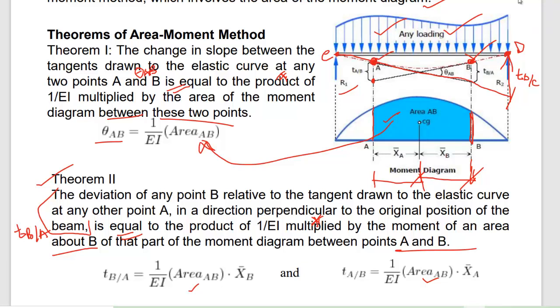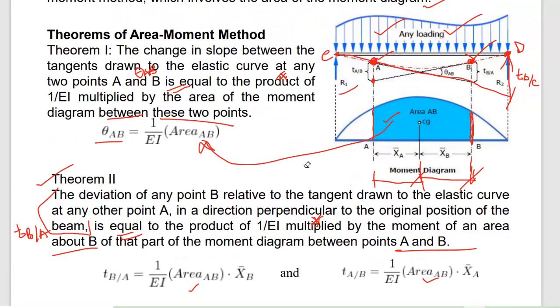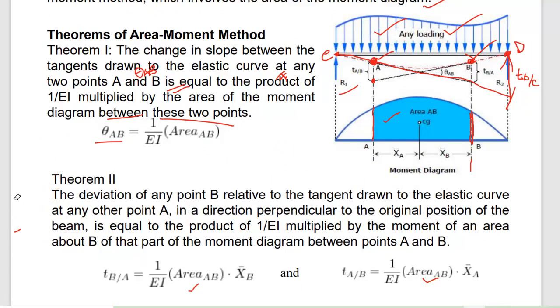So now if I say develop the formula for T D by C, right, if I say that, okay, develop a formula for T D by C. So what would be this formula? Who can tell me?